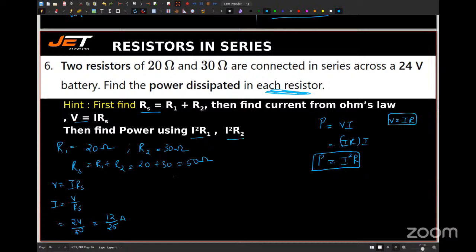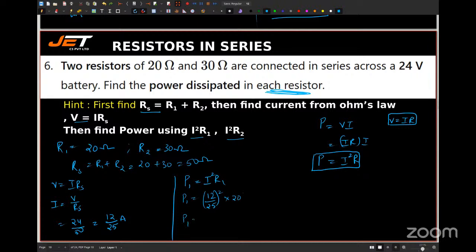I am writing it here like this for our easy sake. Now we have the current, right? Now we need to find P1, the power dissipated at R1. P1 equals I square R1, so P1 equals 12 by 25 whole square into R1, which is 20.